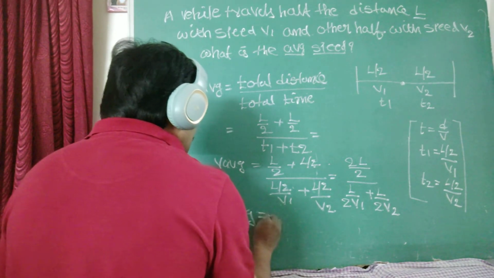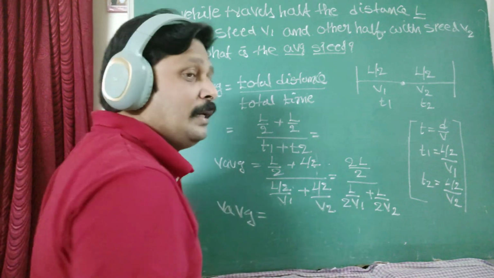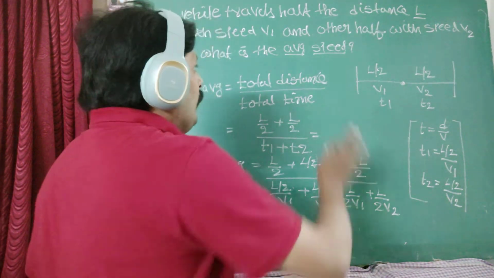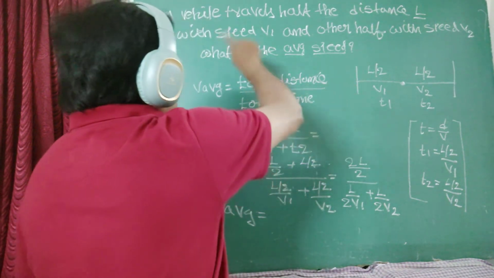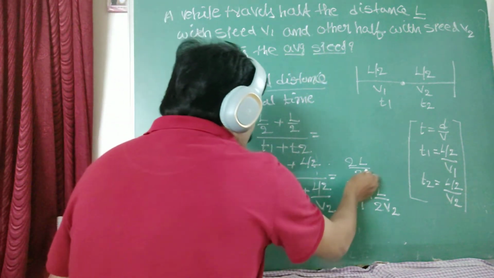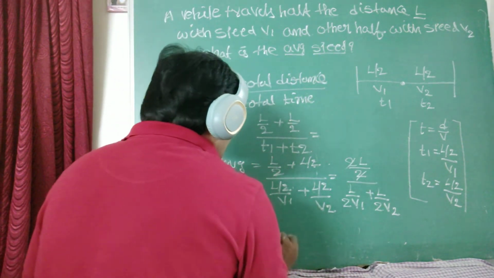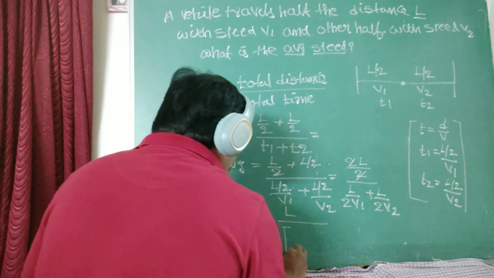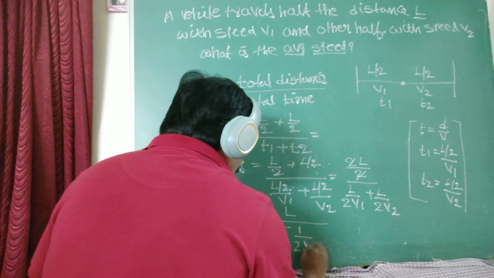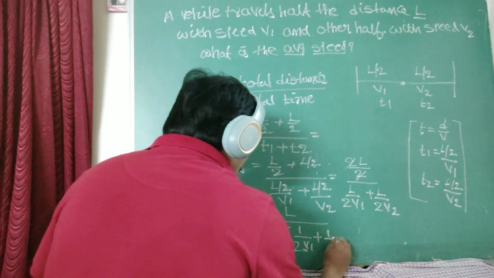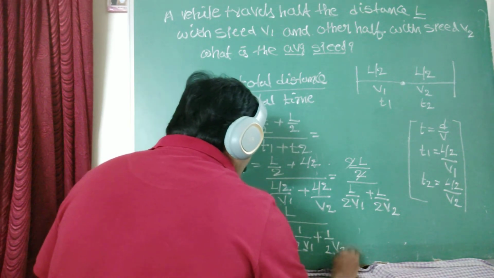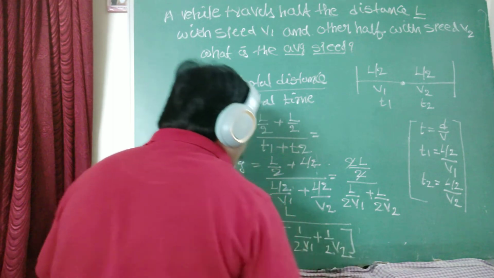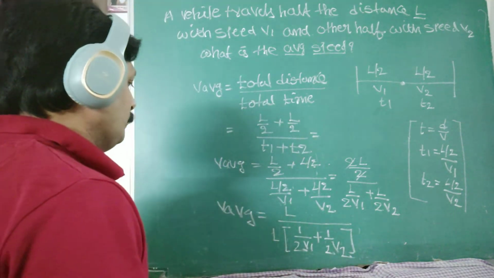The physics is completed; now it is just a mathematical way to solve for the desired value. Observe that these two values cancel. Then L divided by, taking L common, 1 by 2V1 plus 1 by 2V2.